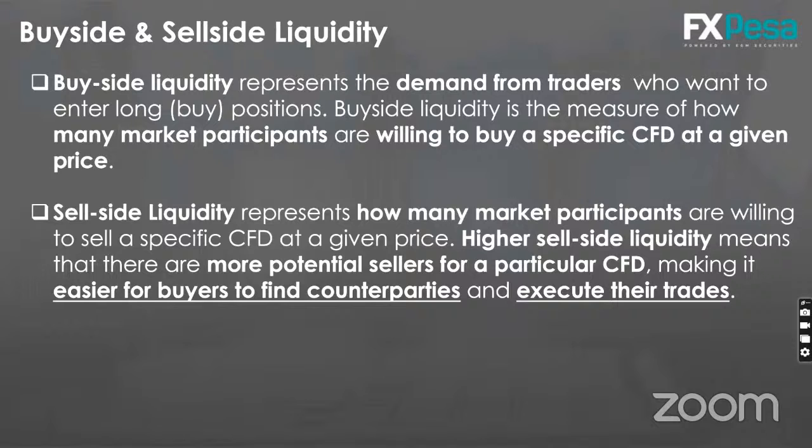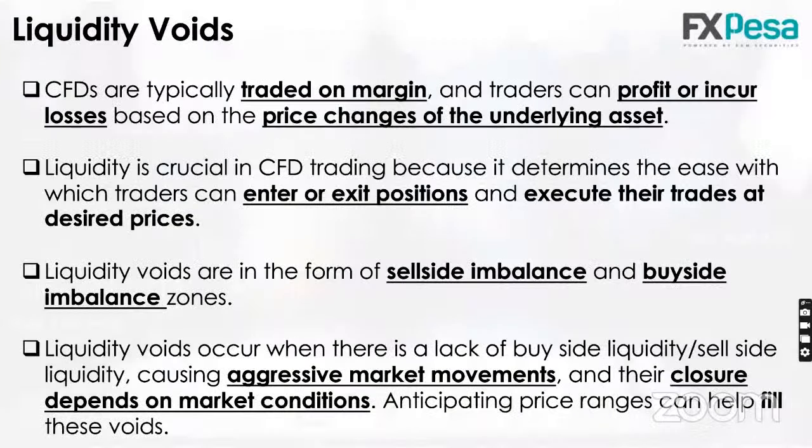What is sell-side liquidity? Sell-side liquidity represents how many market participants are willing to sell a specific CFD at a given price. And we are simply saying that higher sell-side liquidity means there are more potential sellers for a particular CFD, making it easier for buyers to find counterparties and execute their trades.